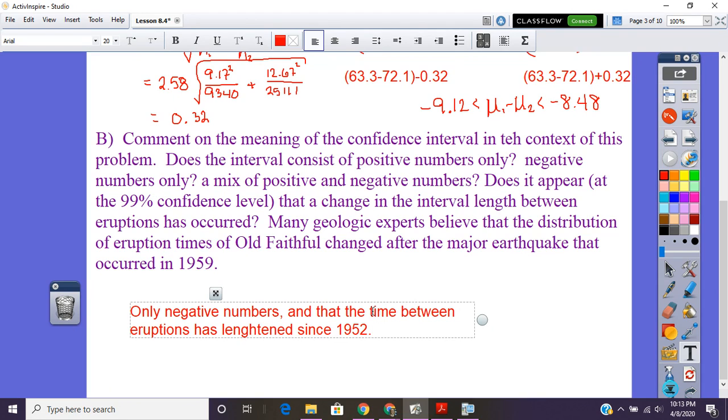So scientists are probably right that that major earthquake that occurred in 1959 did have a major impact on it.